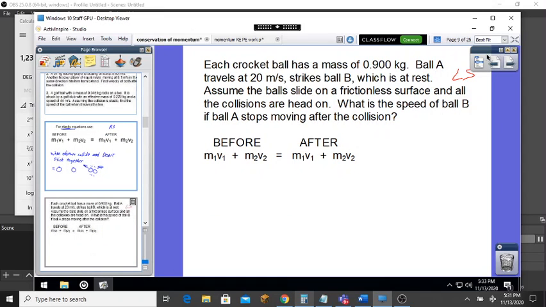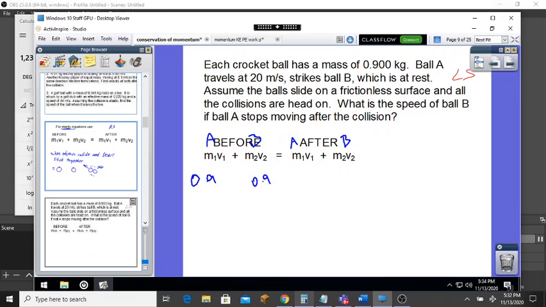Okay, so here we have our first example. Each croquet ball has a mass of 0.900 kilograms. Ball A, so we're going to label this as ball A and ball B. Okay, let's label them. So we know that they all have the same mass because it says each one.